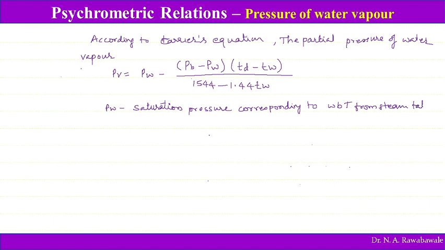This is taken from the steam table, whereas Pb is barometric pressure or atmospheric pressure, and Td, T suffix D, is the dry bulb temperature, and Tw is the wet bulb temperature.